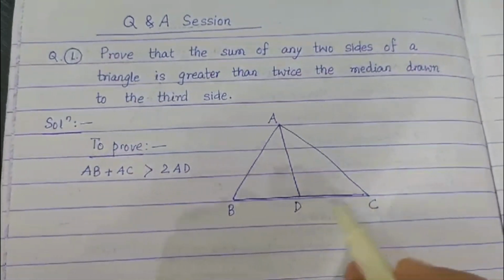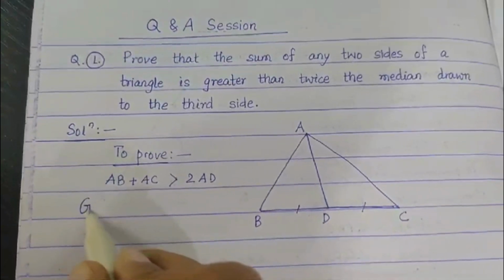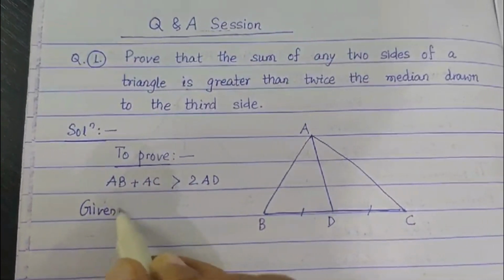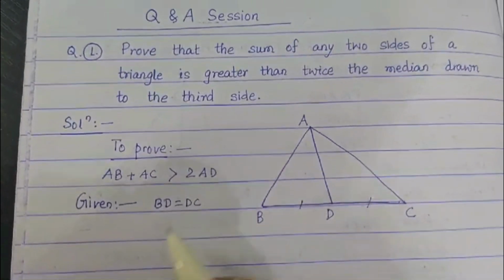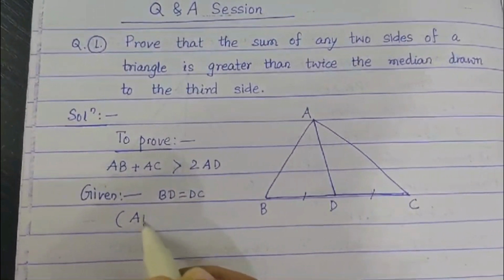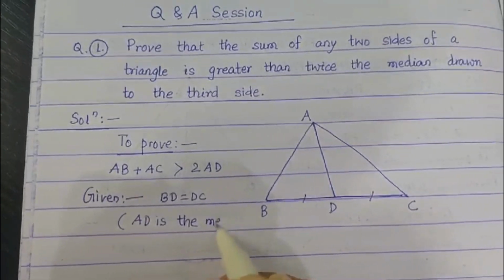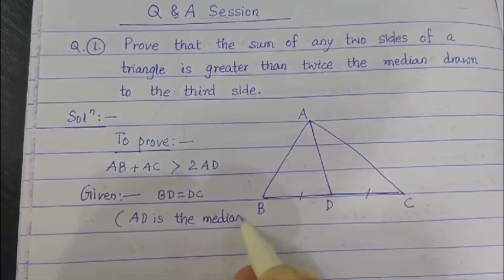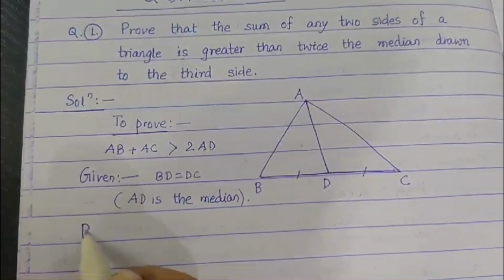It bisects this side, so BD and DC. So what is given? Given BD equal to DC, since AD is the median. You have to know the property of a median. Now we will prove it.